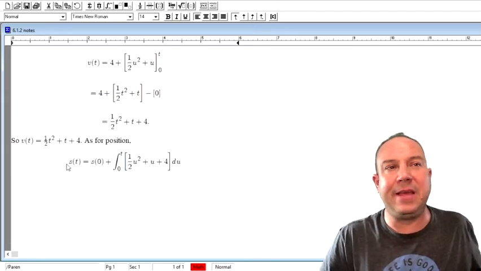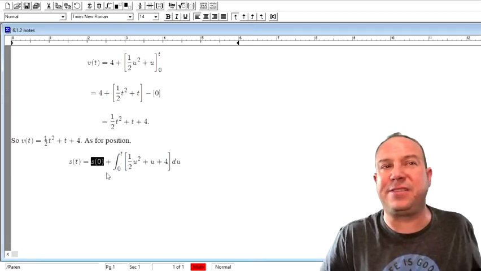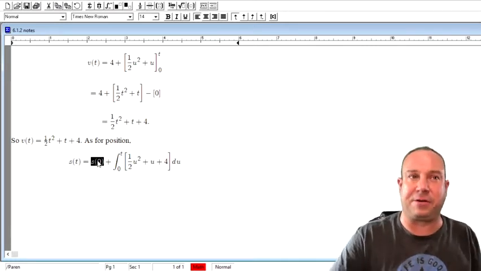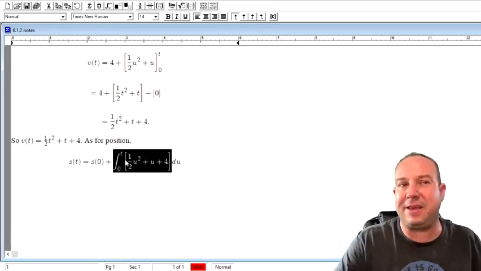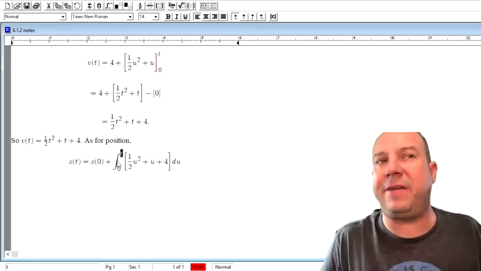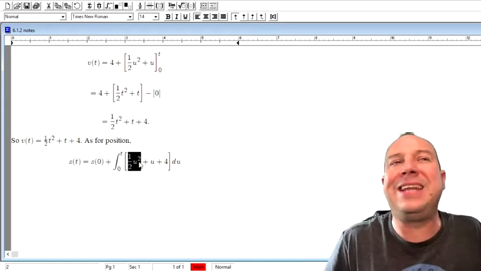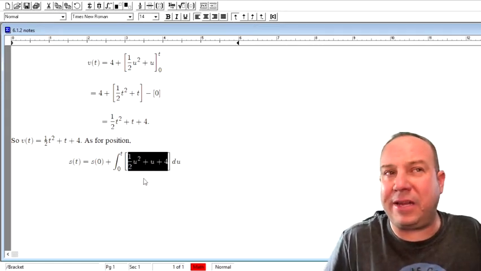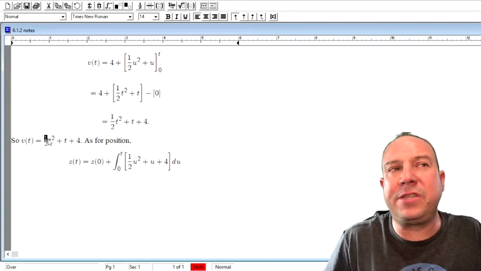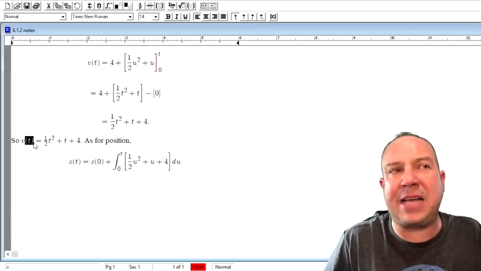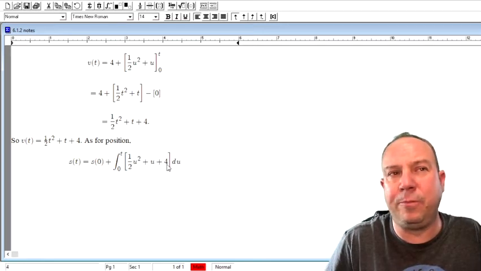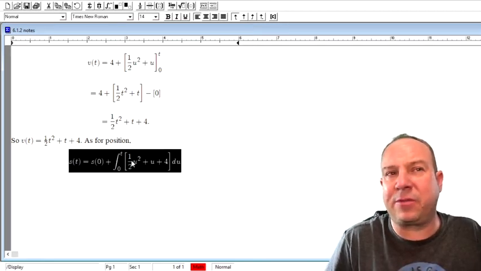S at t is just going to be s null, or I should say s at 0, plus that integral from 0 to t, replacing t null with 0 and leaving t as the variable upper bound, and integrating my integrand here, which is nothing more than my velocity function, where this independent variable t has simply been replaced with the variable u. And we integrate that with respect to u.